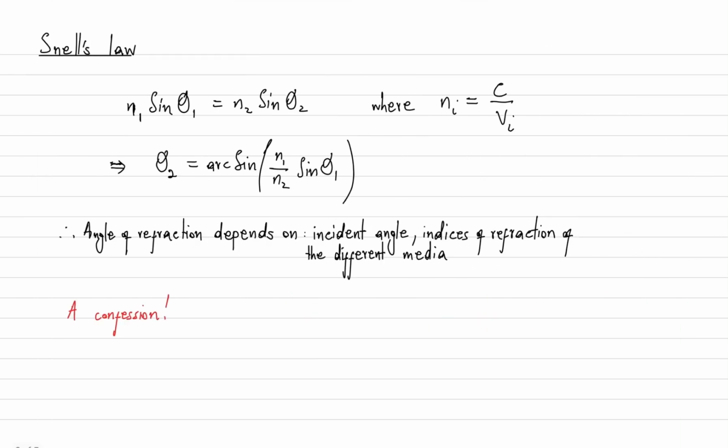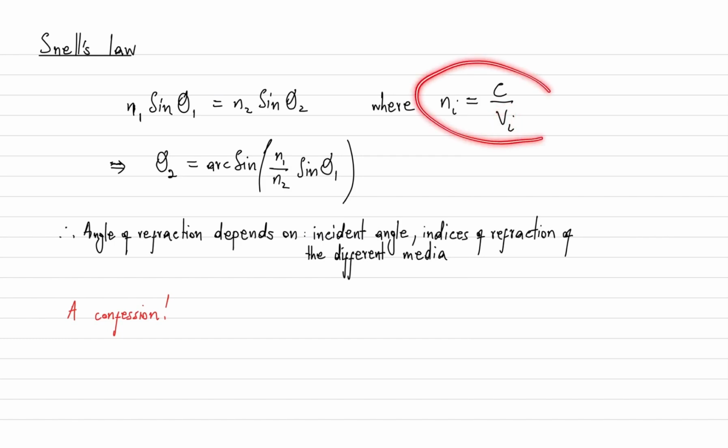Okay, so a quick recap: Snell's law is given by this, that is, the angle of incidence is related to the angle of refraction through this relation. It's not direct like with the law of reflection, but rather it's mediated by this trig function together with the index of refraction, where the index of refraction, if you recall, is equal to the speed of light in a vacuum divided by the speed of light in that particular medium.